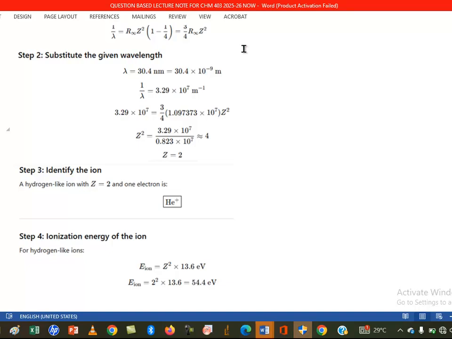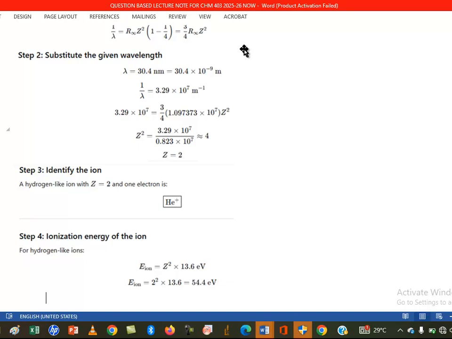That's your atomic number. When z is equal to 2, then you know that it is helium, right? Helium is next to it. So that means our hydrogen-like ion is actually helium, but it's helium with a plus, because that's lost one electron. So that's why it is hydrogen-like. I hope you understand.